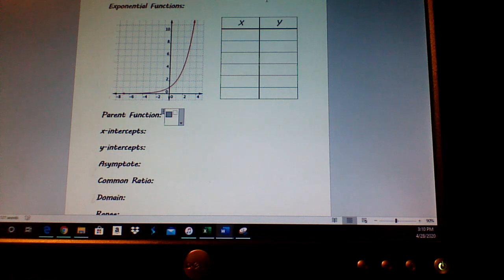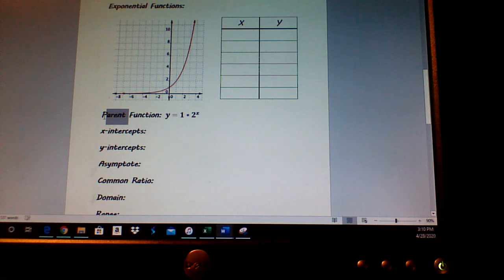Alright, so parent function y equals 1 times 2 to the x power. Okay, so again, we don't really have a parent function.